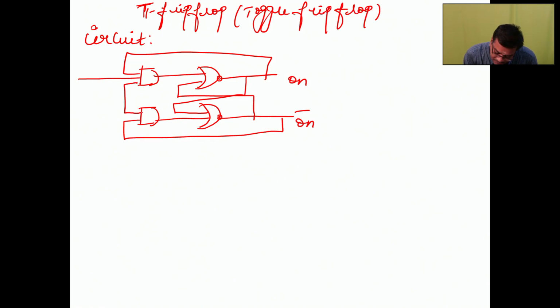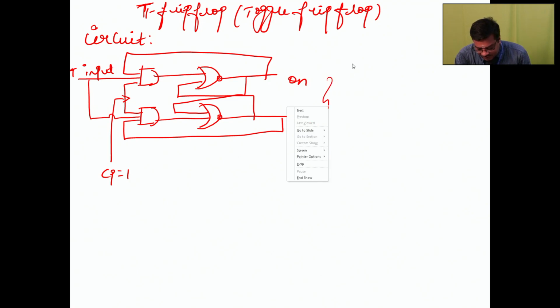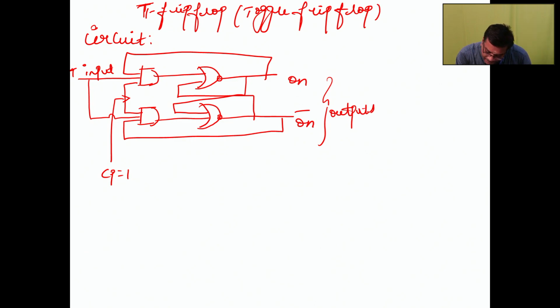So clock pulse equal to 1. So T input here. The input will be Qn bar. So these are the outputs, and this one is nothing but inputs. These are the outputs and inputs here.